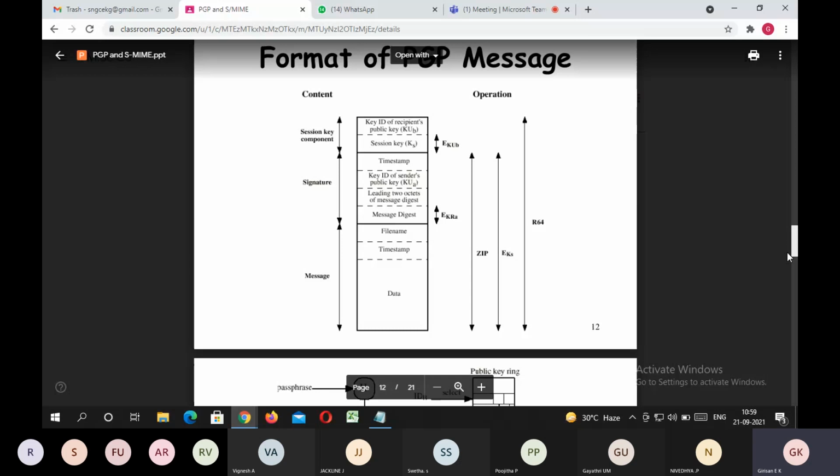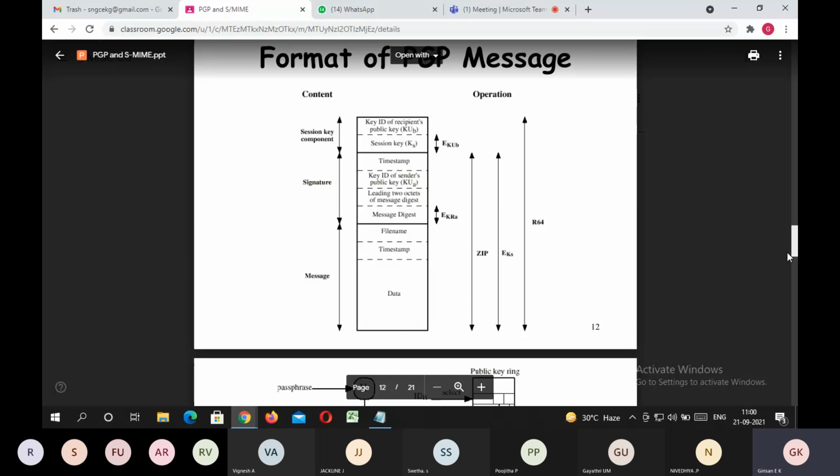Then we have the message digest, the digital signature component. The message digest is the refinement of the original message in order to make it a component for authentication. That can be done using certain algorithms such as MD5 or SHA. Then we have the original message, the email content, which contains the file name, the data, and the timestamp.